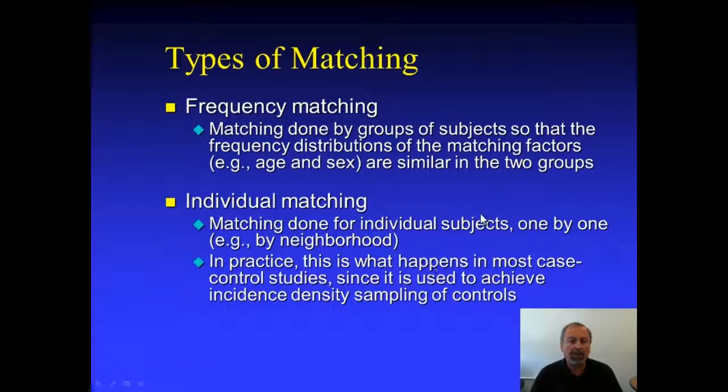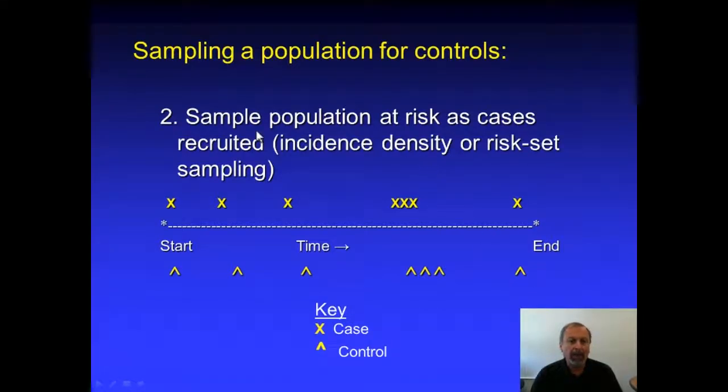In practice, we actually use individual matching quite frequently because of the type of control selection procedure that we favor. If you'll remember from a previous talk, it represents incidence density sampling of controls.